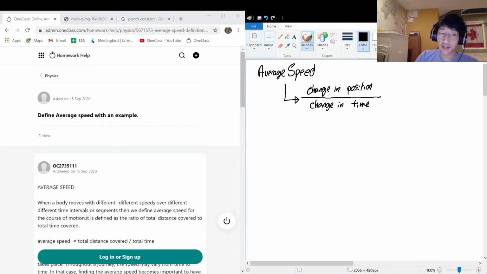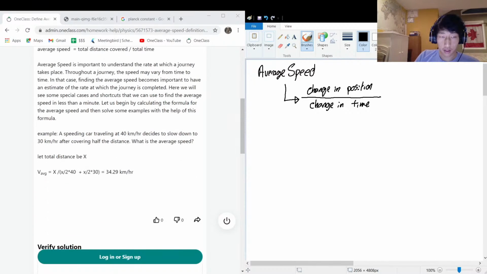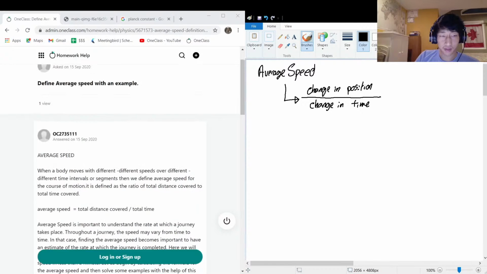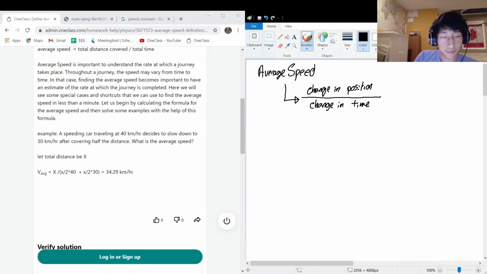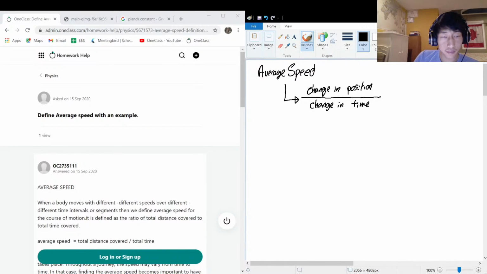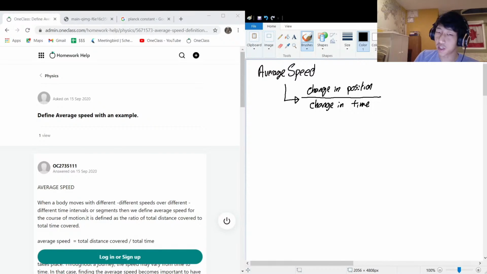Okay, so let's actually run this through with an example. It's also dependent on what is already known.